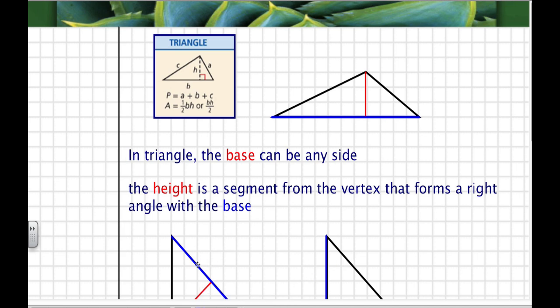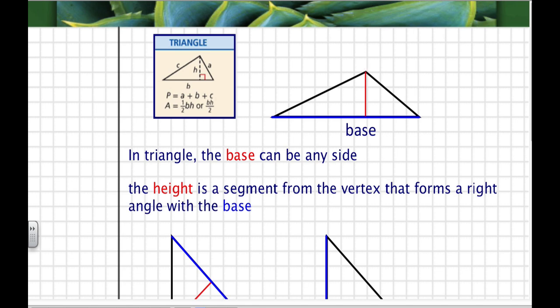So in a triangle, the base can be any side of the triangle. In this picture here, the base is given to us as the bottom of the triangle, so the base is there. The height is a segment that goes from the vertex that forms a right angle with the base. So it has to be the vertex that's across from the base.